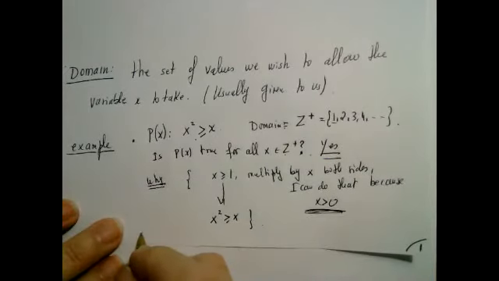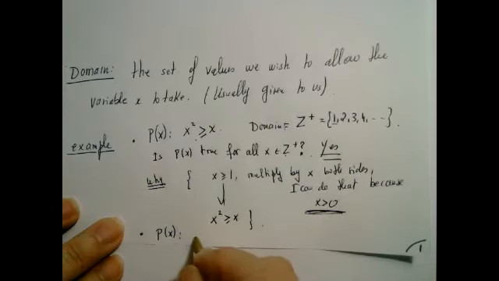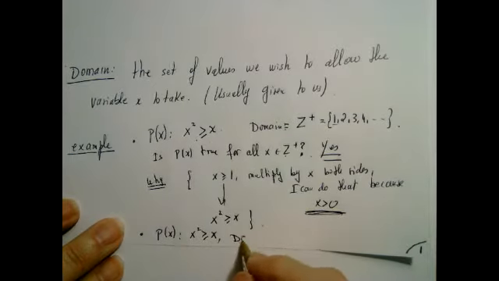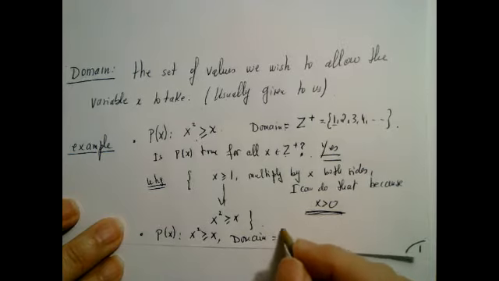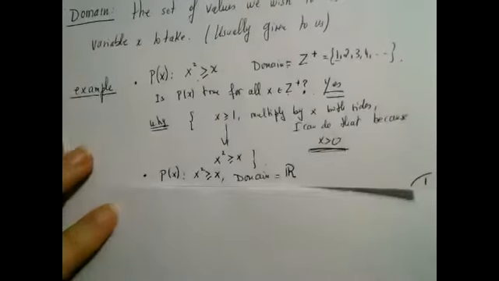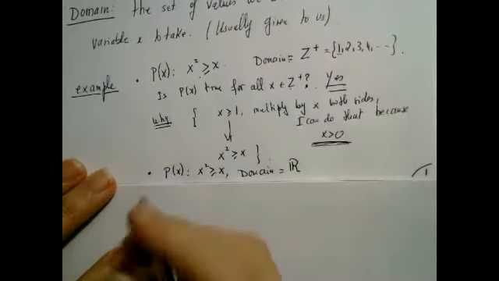However, the minute I change my domain, suppose I take the same predicate, x squared bigger than x, and I take my domain to be the real numbers, R, and I ask you the exact same question.